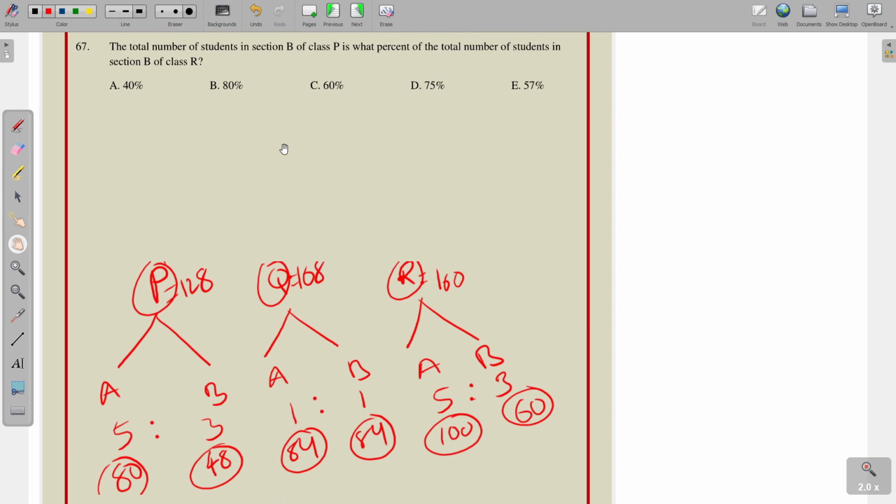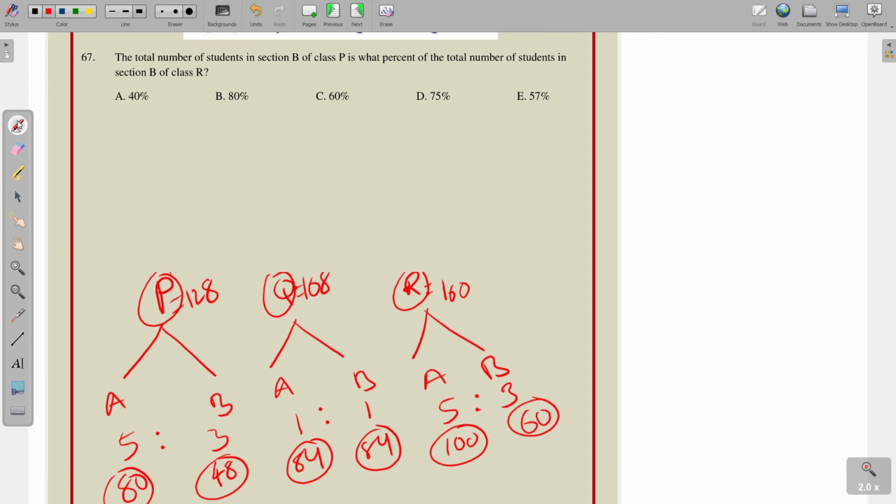Okay. The total number of students in section B of class P is what percentage of the total number of students in section B of class R?